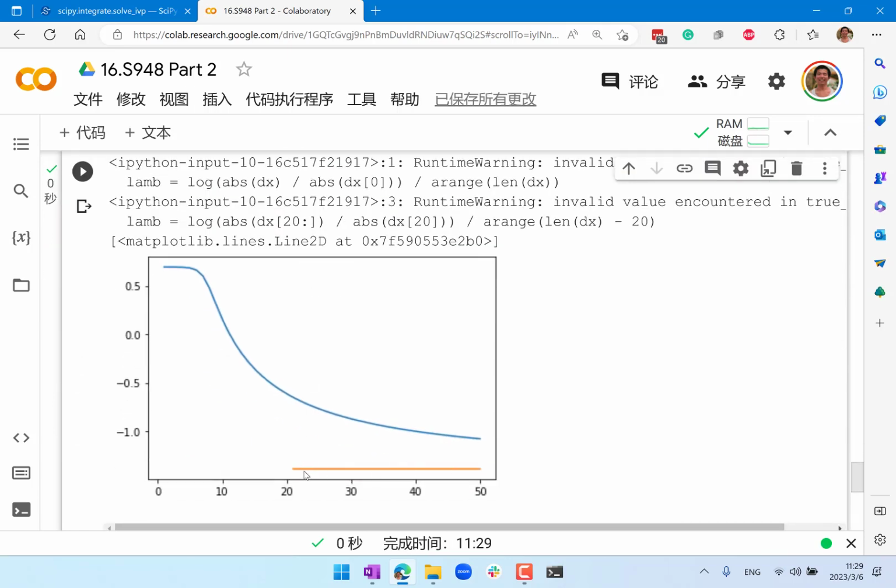So here I'm plotting the computed Lyapunov exponent if I use the 20th step dx as the initial v, right? Then we see that it's almost constant, and it is actually the value which the blue line is converging towards.